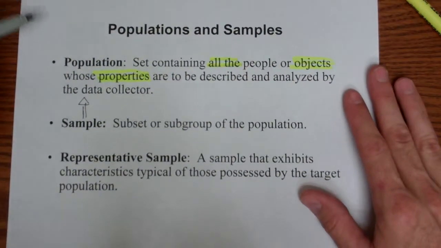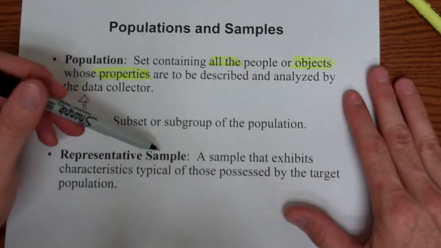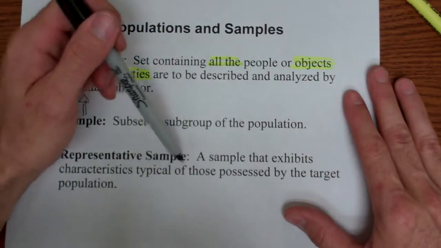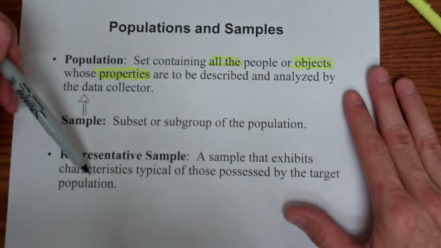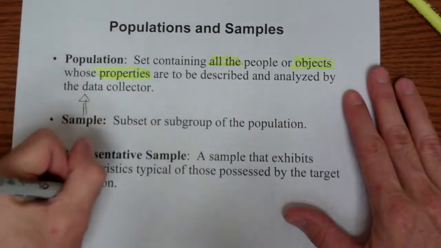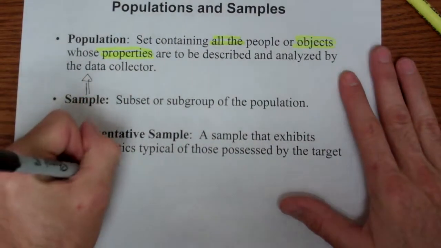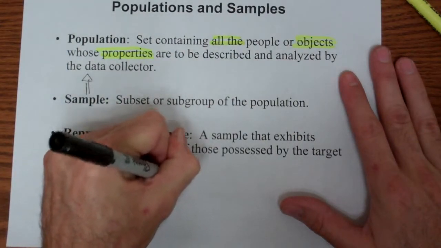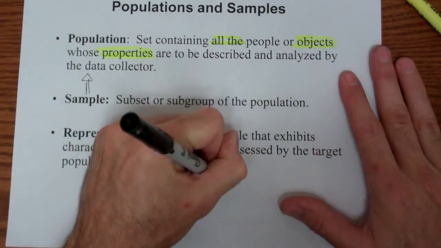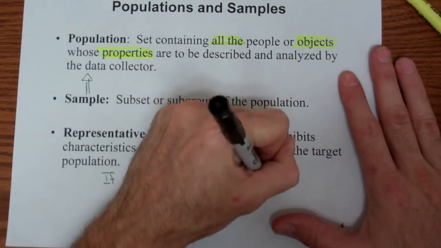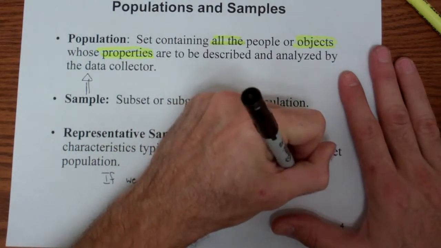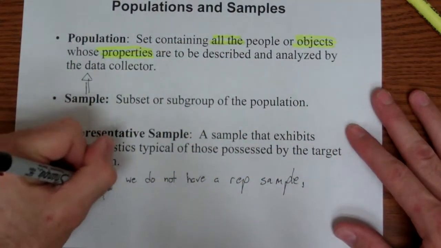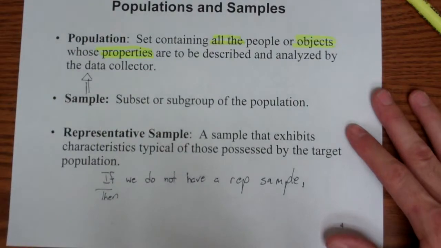And then this is huge. A representative sample, a sample that exhibits characteristics typical of those possessed by the target population. If we do not have a representative sample, okay, then, right, here's our if-then statement from the logic.